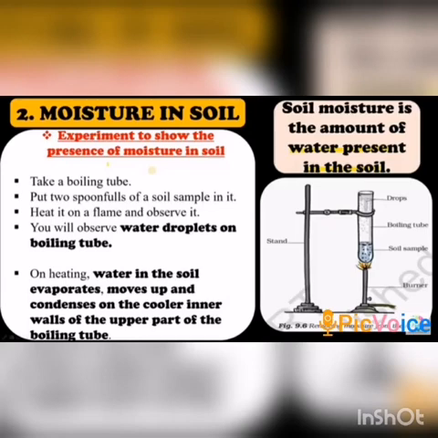Okay children, the next is moisture in soil. To understand the presence of moisture in the soil, here is an experiment. First, take a boiling tube, put 2 spoonfuls of a soil sample in it, heat it on a flame and observe it.